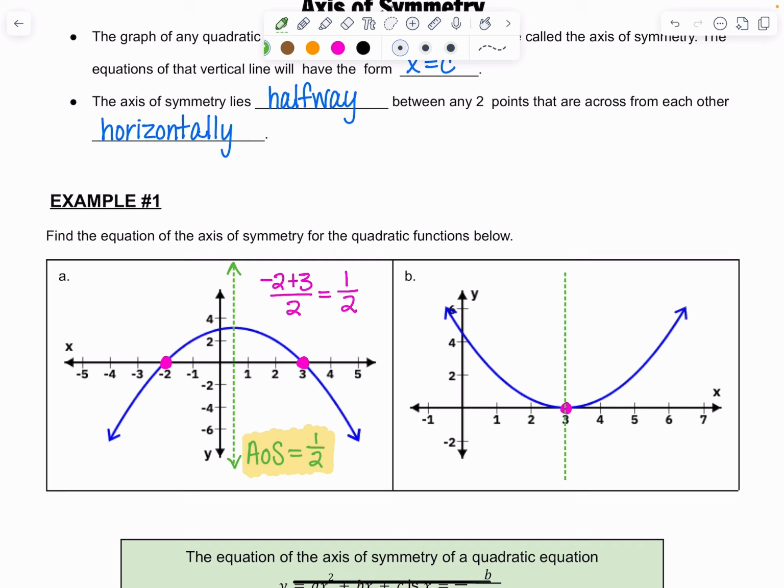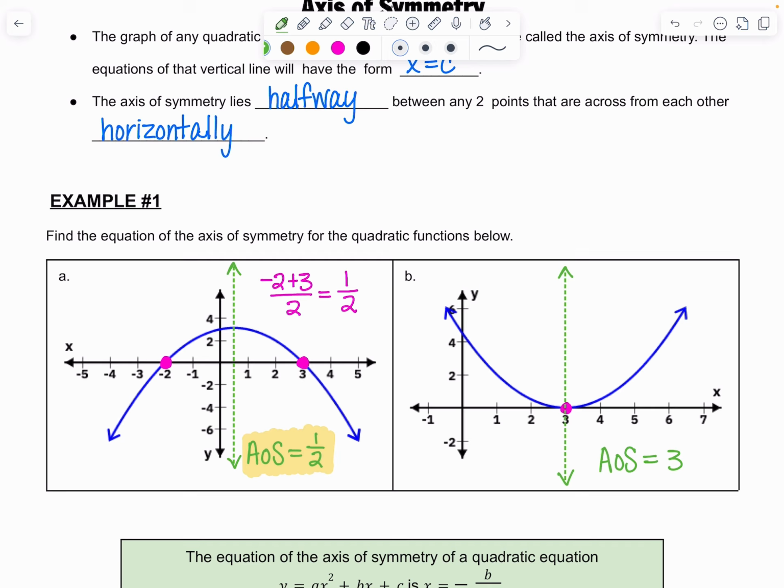All right, so there's our axis of symmetry. And as you can see, when we draw it, that axis of symmetry is equal to 3.